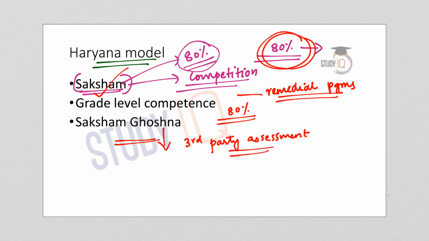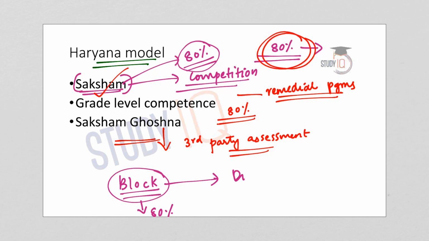And further, when all the blocks in a district are declared as Saksham, the entire district will be accorded the Saksham status. So at the block level, if the 80% target is met, the block will be known as a Saksham block. And if all the blocks in a particular district achieve this target, the entire district will be known as Saksham.